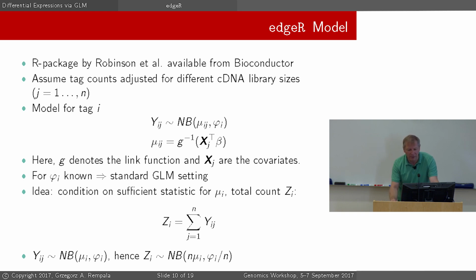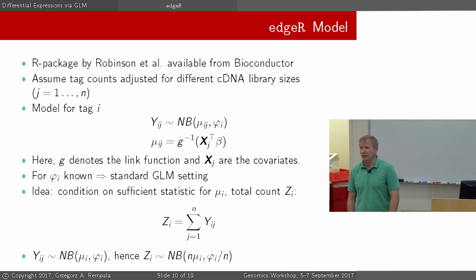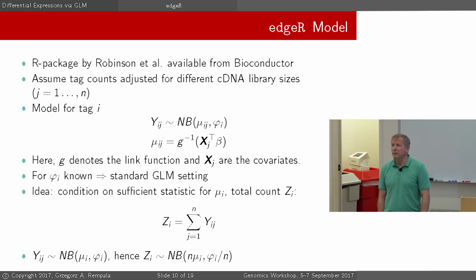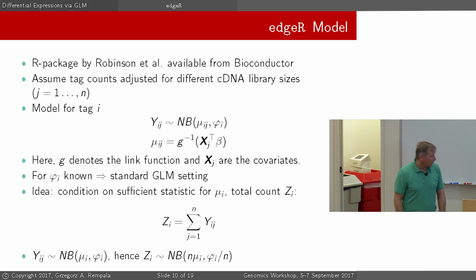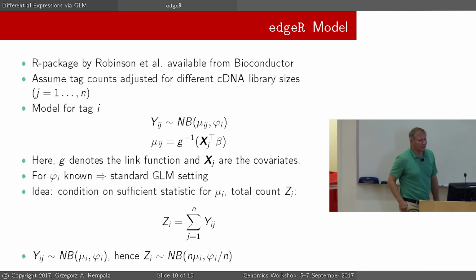And the least amount of information is actually, as it turns out, and that comes straight out of a theorem in statistics in this setting, just a summation of all of the counts for that particular tag across all of the subjects. If I have the sums of that particular tag across all of my subjects, this is all the information that I need in order to estimate my beta coefficients. There's no more information or no less information that I can collect in some sense here.